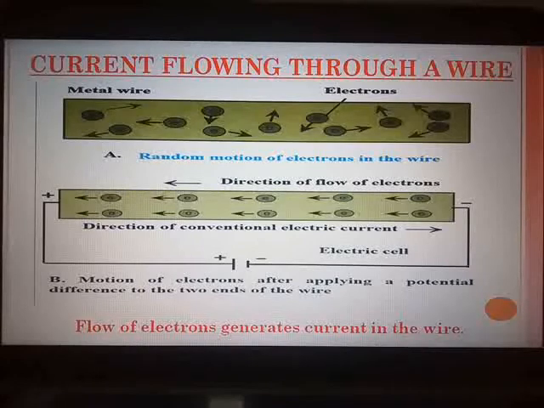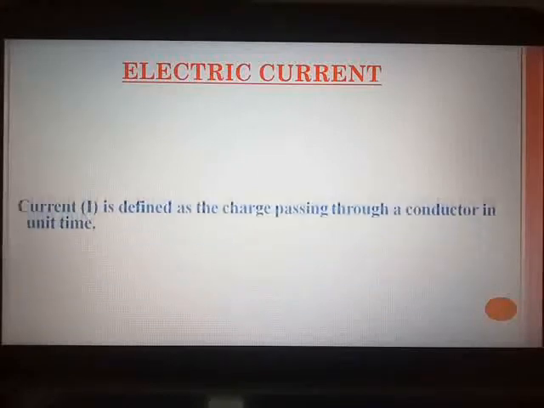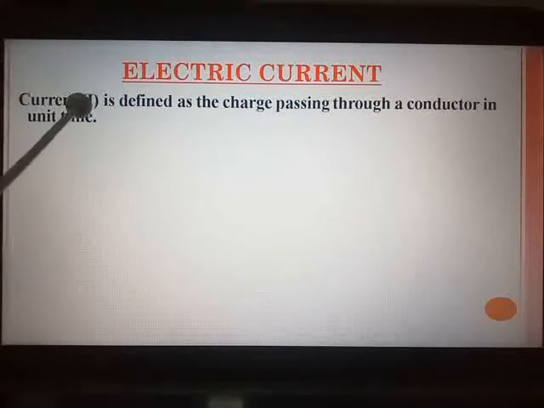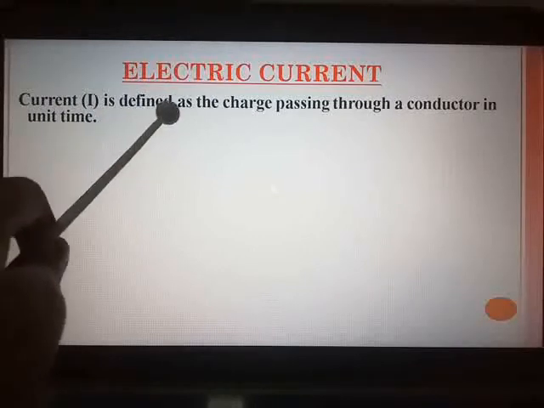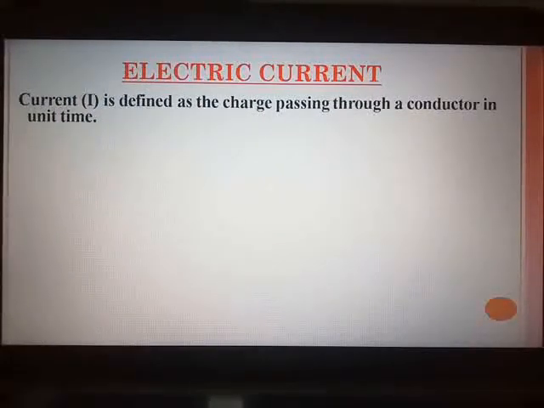Now let us see the real definition of current in the scientific sense. What do you mean by current? Just now I told you that electric current is the flow of electrons through a conductor, and quantitatively, current, which is denoted by capital I, is defined as the charge passing through a conductor in unit time.